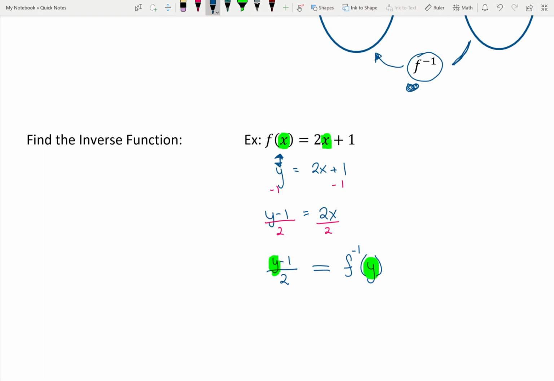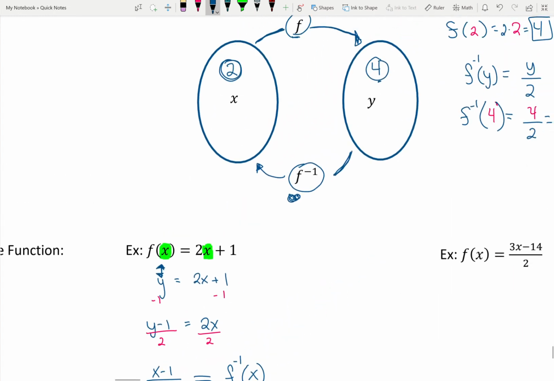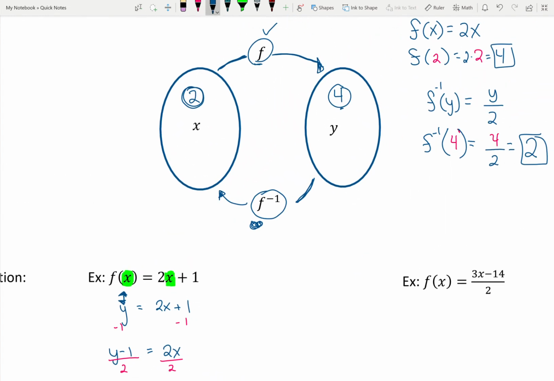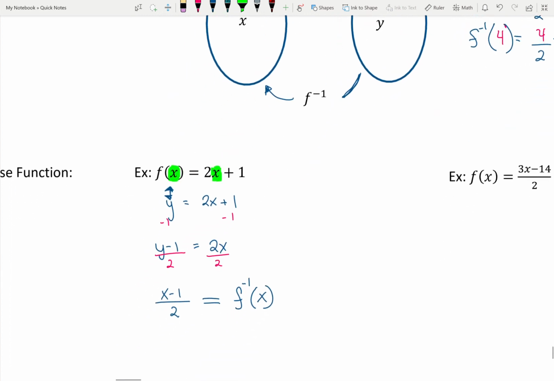If you wanted to write f inverse of x, you'd have to change both of these variables on the left-hand side and the right-hand side, like that. But in my opinion, I don't really like that notation, only because it makes this picture more confusing. We forget what x is, we forget what direction we're moving. But I've seen it taught both ways, so it's up to you. You get to pick.